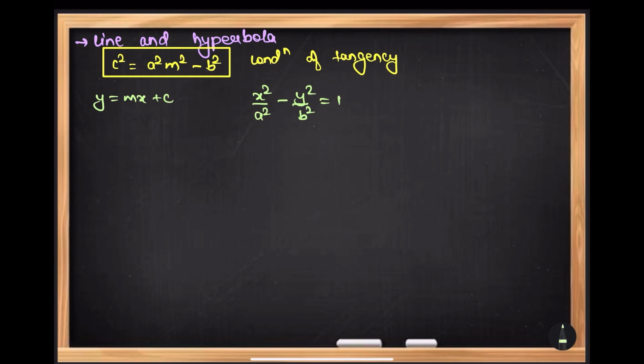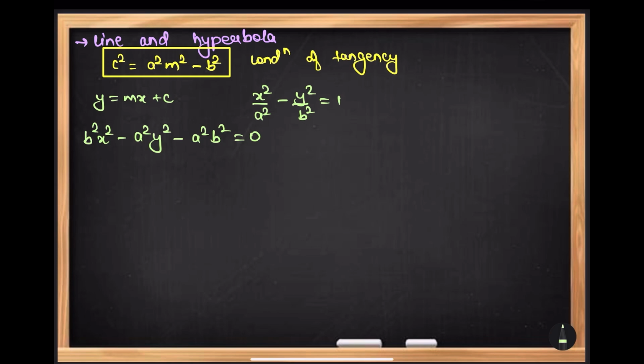Things are done. So we will do the same over here. Let's simplify this curve first. Can I multiply both sides by a square b square? After multiplying, we will get b square x square minus a square y square minus a square b square equals 0. Correct or wrong?